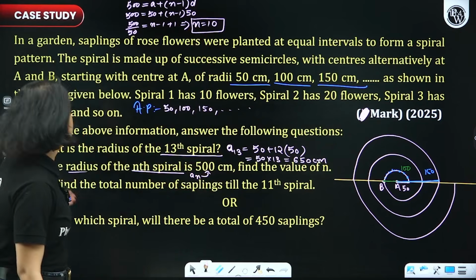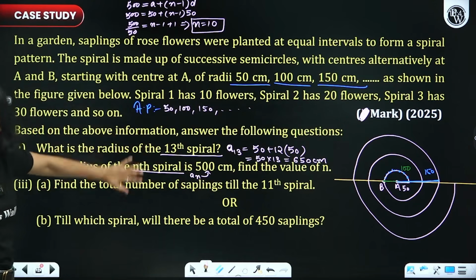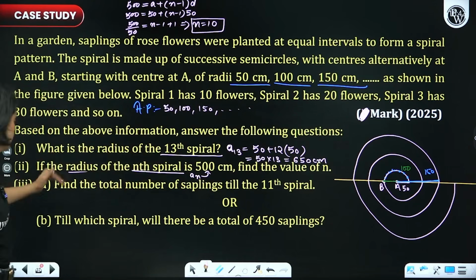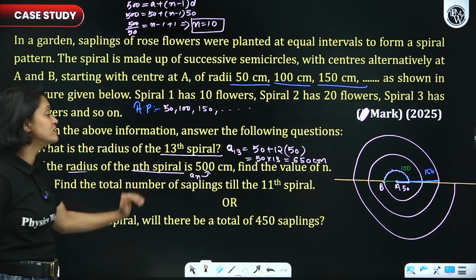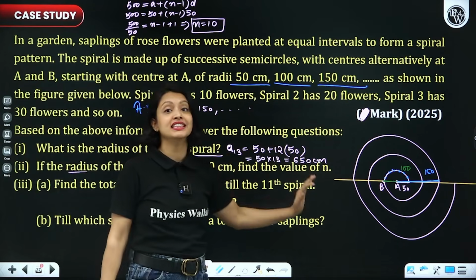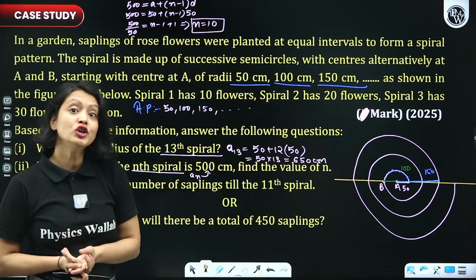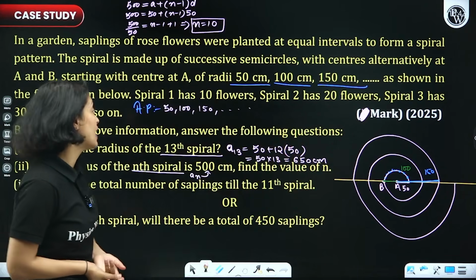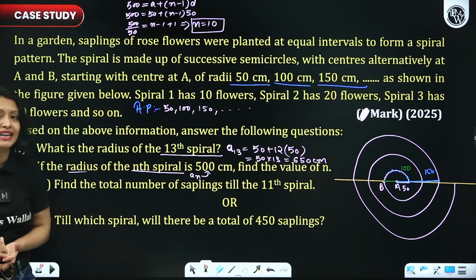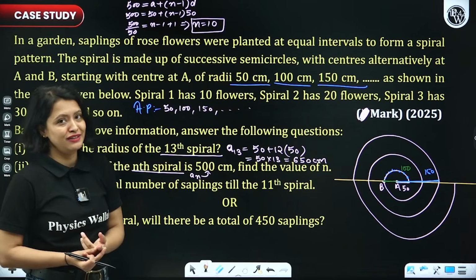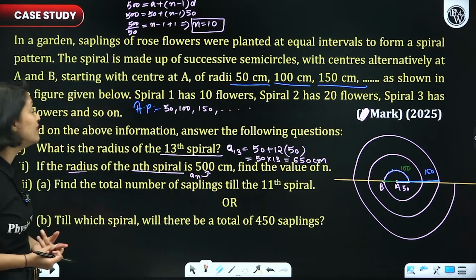Now, these were one-mark questions, simple. Let's move on to the third part. Find the total number of saplings till the 11th spiral. I know that in the first one we had 10 flowers, second one 20 flowers, third one 30 flowers, and so on.